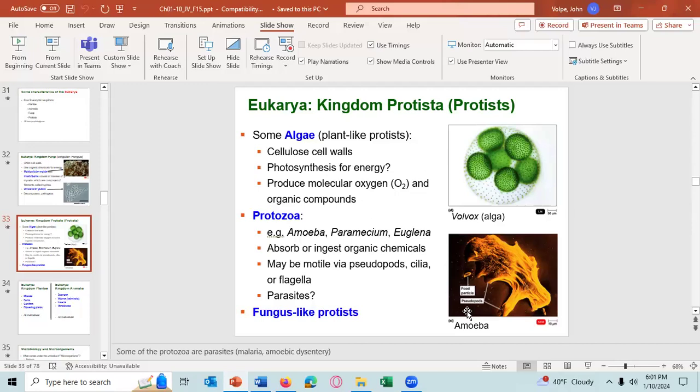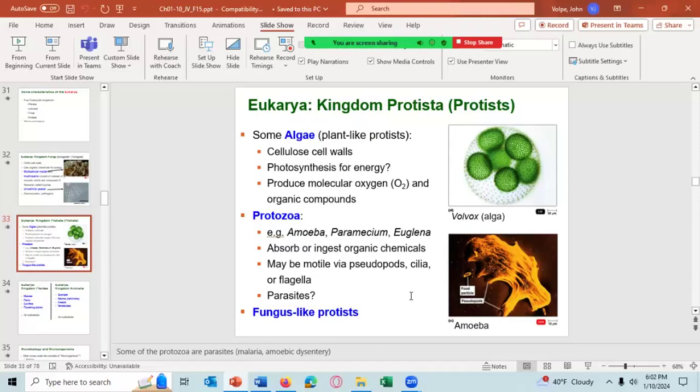And then the amoeba can move, but it moves by, what is that called? Pseudopods, where this cell can pull in the cytoplasm here and then protrude it out there. And then the cytoplasm will grow this way, and the cell can move this way by moving its cytoplasm, putting it out in a pseudopod here, and then pulling it up here in the back.